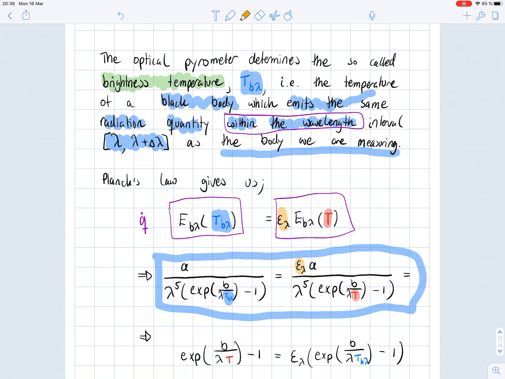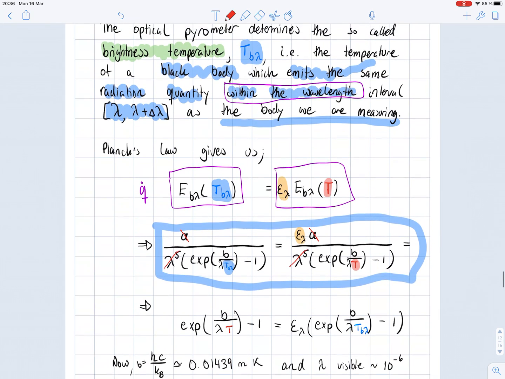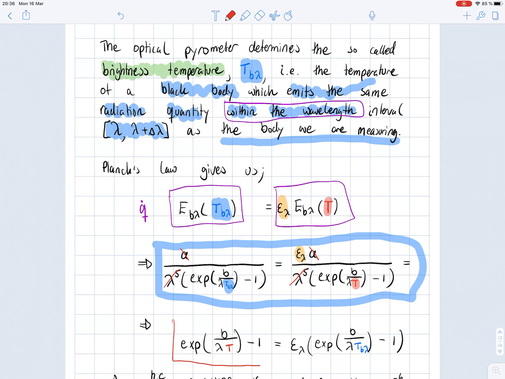A lot of things here are constants. For example, this constant a will cancel on both sides, as will lambda to the power of 5. And if you reorganize these fractions, you get the expression that we have here, just by inverting the fractions.